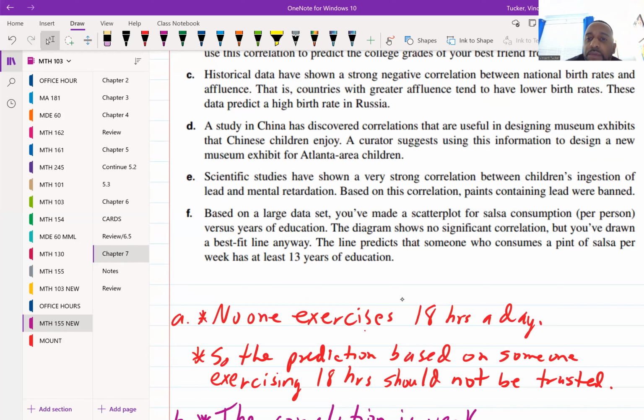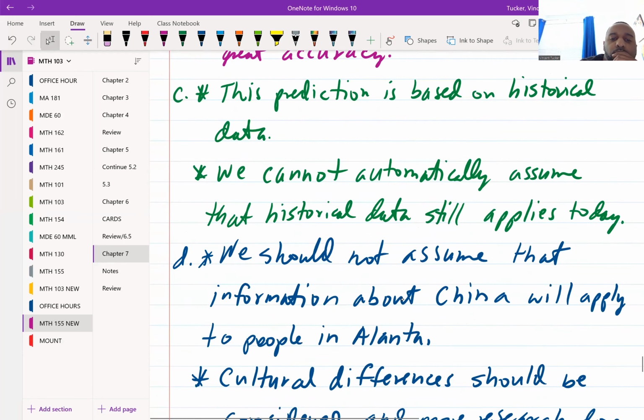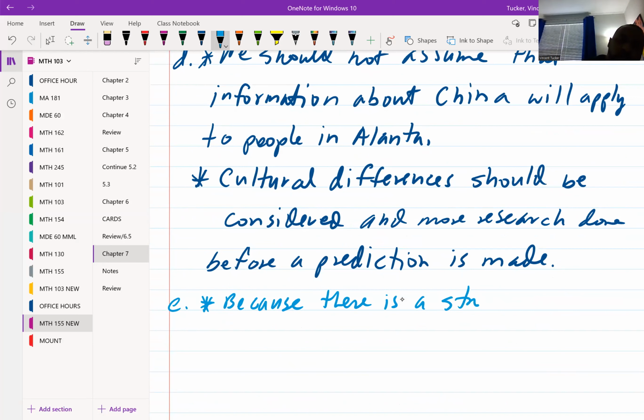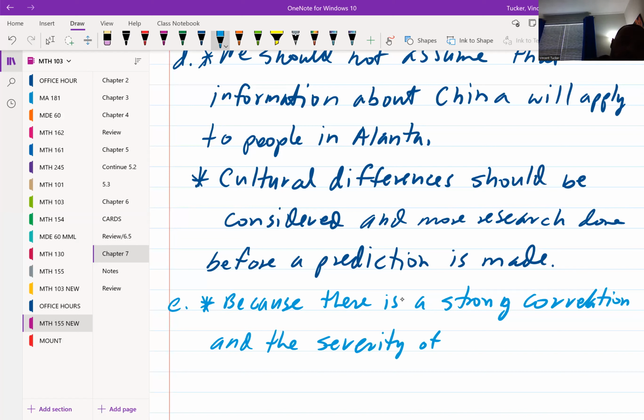Based on this correlation, paints containing lead were banned. So what are the consequences?